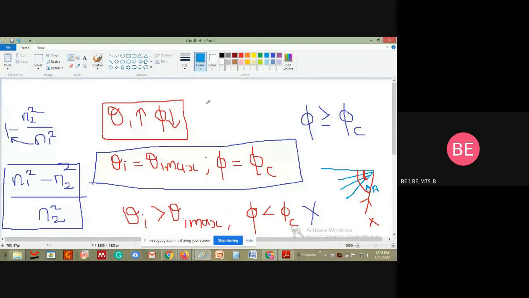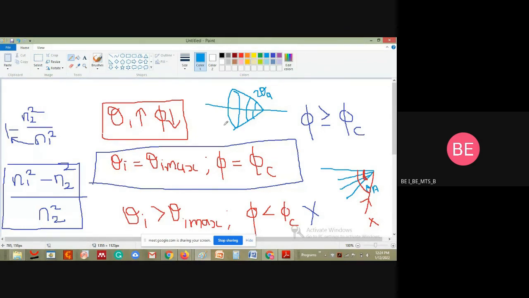Similarly, if you consider it in 3 dimensions, this is the axis, this is your theta A. If I consider it in 3 dimensions, I'll have a cone. This is one theta A, this is another theta A, the whole will be equal to 2 theta A. So a cone having a solid angle of 2 theta A is called the acceptance cone.